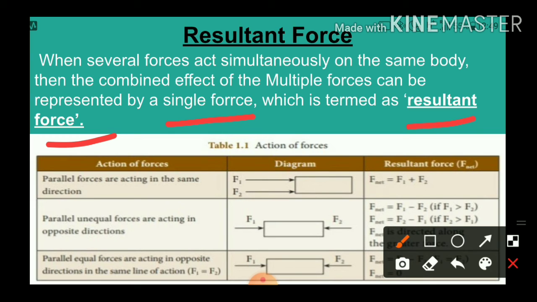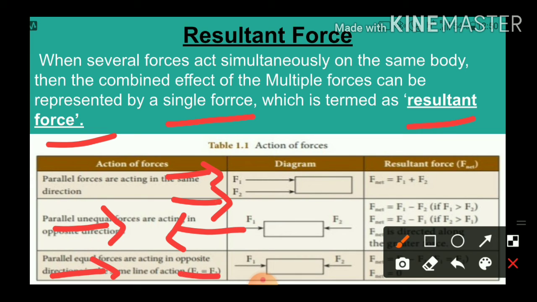Parallel unequal forces are acting in the opposite direction. Parallel equal forces are acting in opposite direction in the same line of action. Here we can see this in the example.